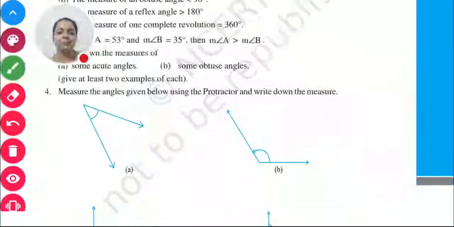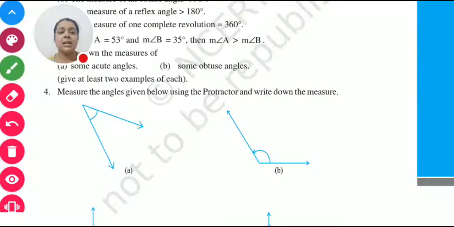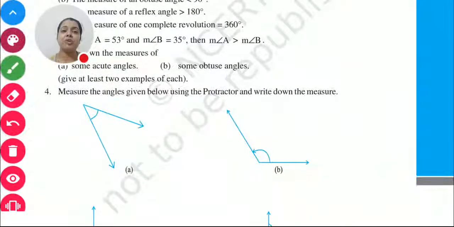Now, coming to question number 4. Take your protractor and here you have to find what is the angle. Write down the measure of the angle here. When you find question number 4, the most important thing I told you is to check with the base. Where is the baseline? In number A, the baseline is here, to the right hand side, right?